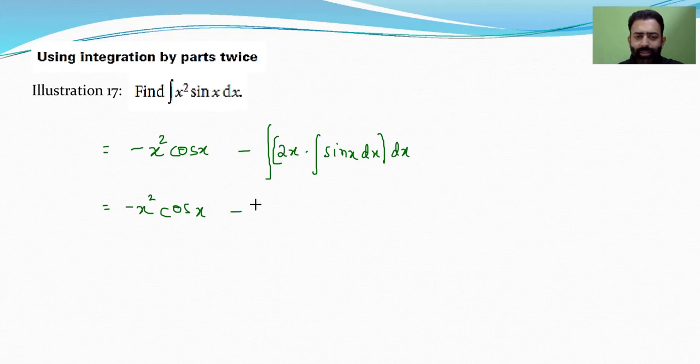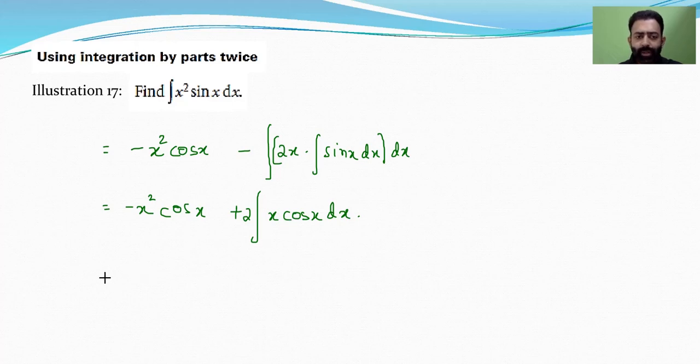Okay, so minus integral 2 sine x, so integral of sine x will be minus cos x. That is what I was saying earlier. So that minus and minus will become plus. Okay, I can take this 2 outside. So now you have inside the integral sign x cos x dx. Okay, because integral of sine x is minus cos x, minus minus is plus, so it is integral of x cos x dx.